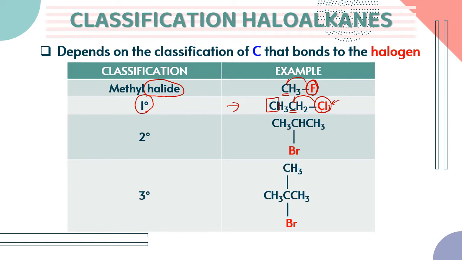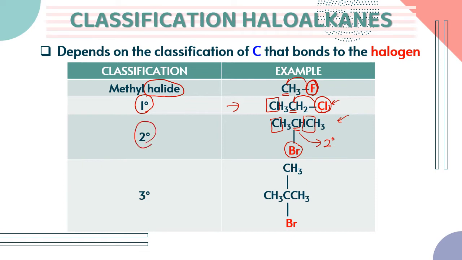The next structure: this is our halogen, and this is the carbon bonded to the halogen. This carbon is bonded to two carbons, so it is a secondary carbon. So the overall structure is a secondary haloalkane.